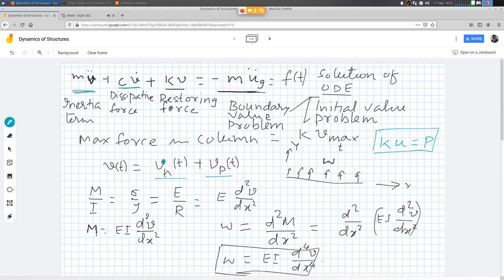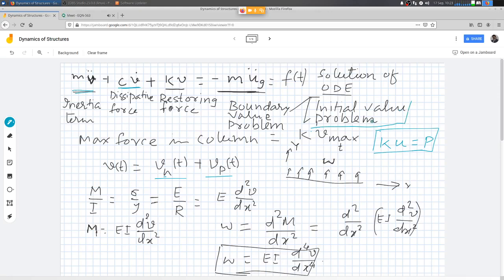by using the initial conditions, that is, what is the displacement at time t equal to 0 and what is the initial velocity at time t equal to 0. These two conditions are sufficient to estimate the unknown coefficients, and that is what we call an initial value problem.